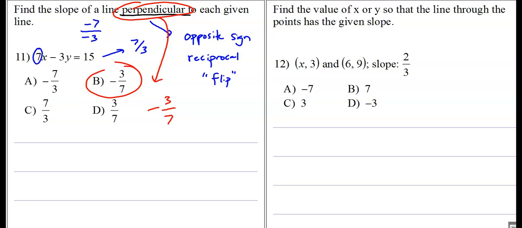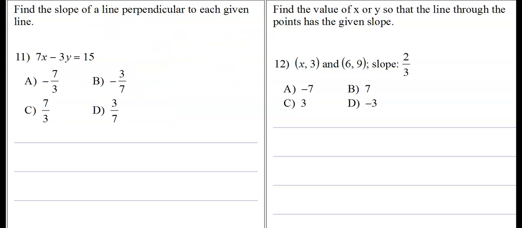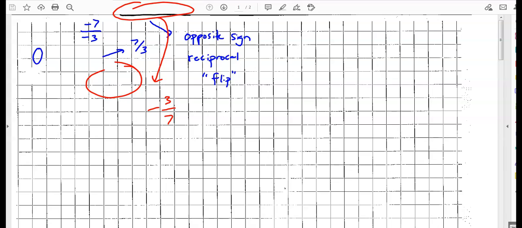Number 12, find the value of x or y, depending on what they give you, so that you have a given slope. So one way to do this may be to graph it. So we have something, 3, 6, 9, and we're looking for 2/3. So let's kind of put this on a graph.